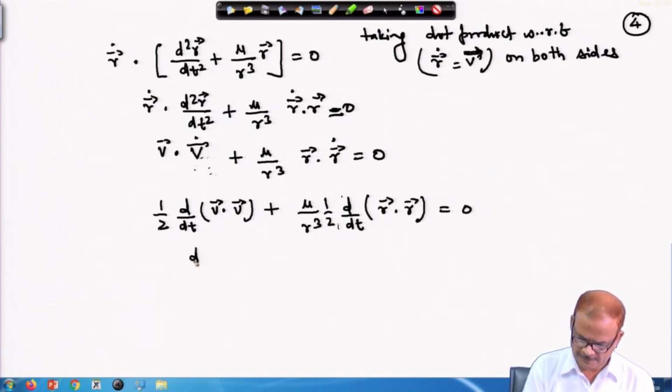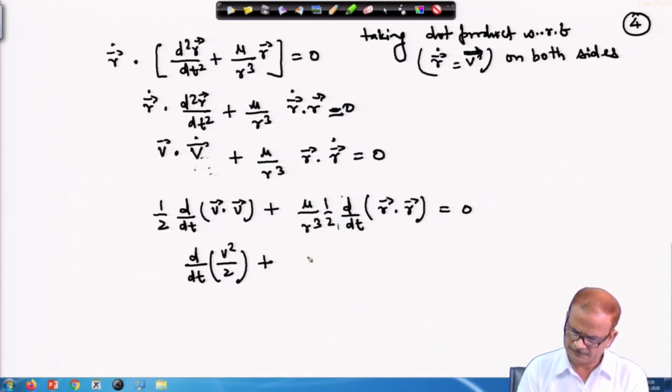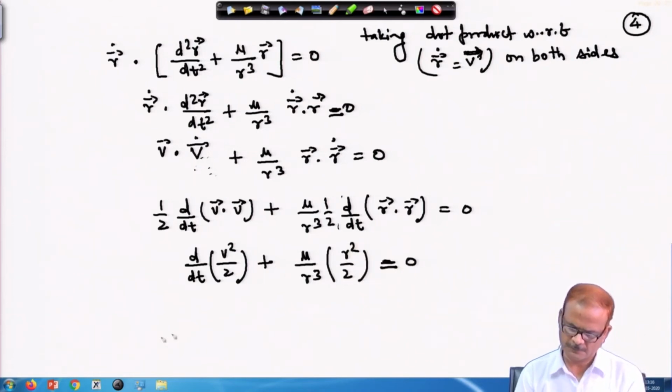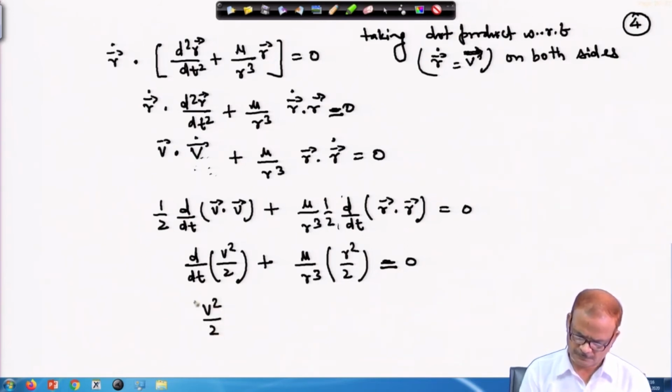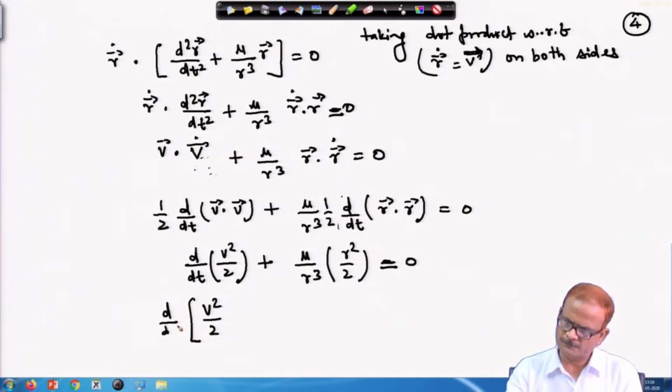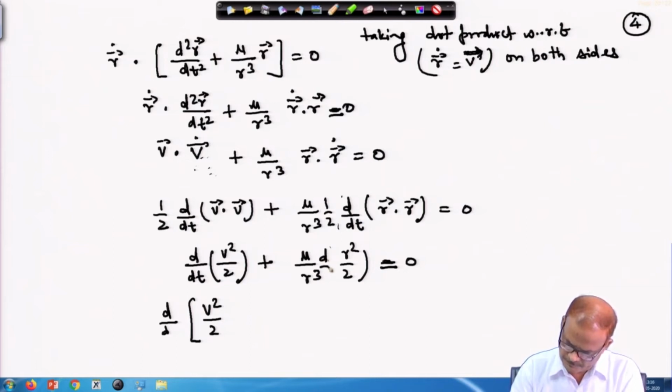So, this can be written as d by dt of v square divided by 2 plus mu by r cube times r square divided by 2. We have missed d by dt here, d by dt of r cube.